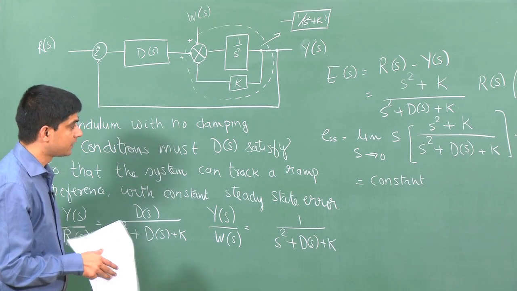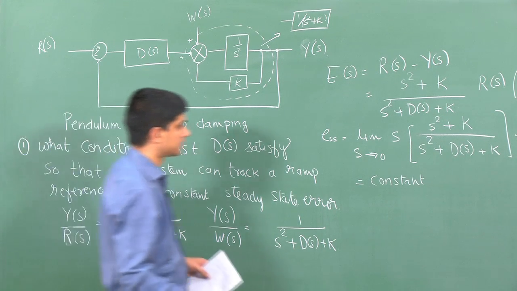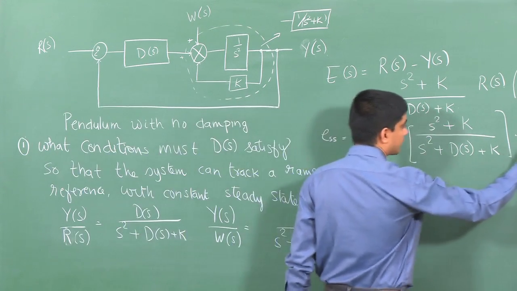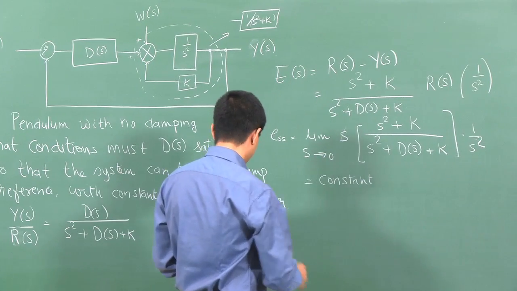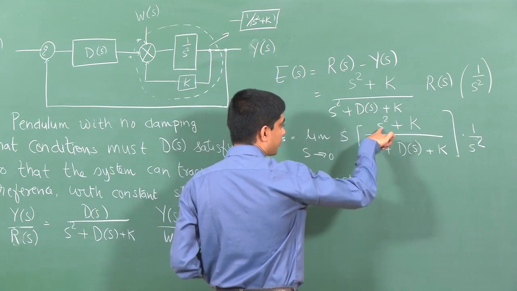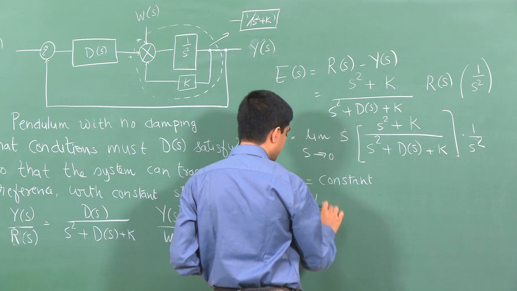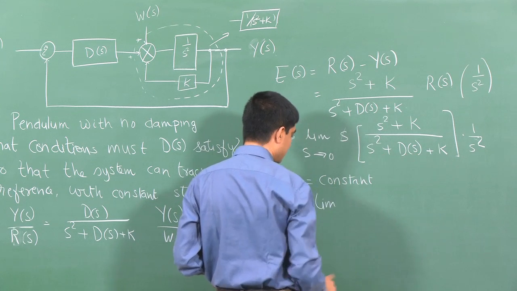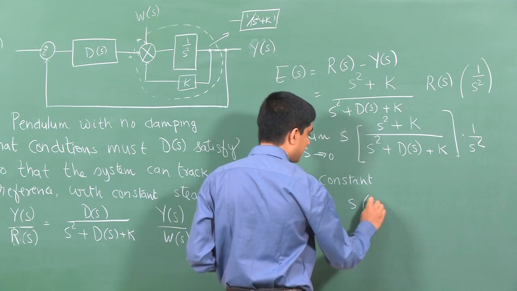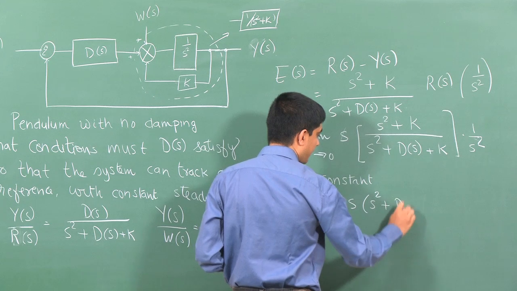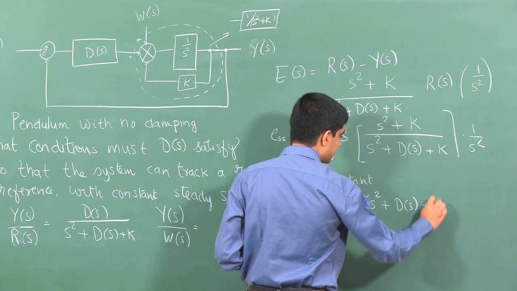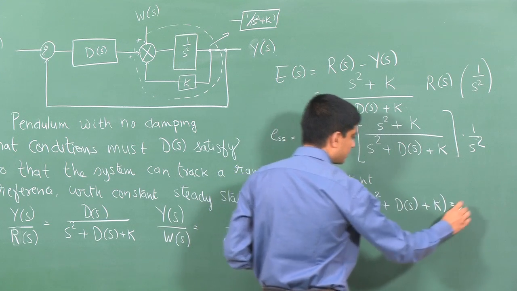Okay, which means, after the usual cancellations, that I put s equal to 0. There is a constant here anyway. So if I just look at this term here, the limit of s times s square plus D of s plus k should be a constant.